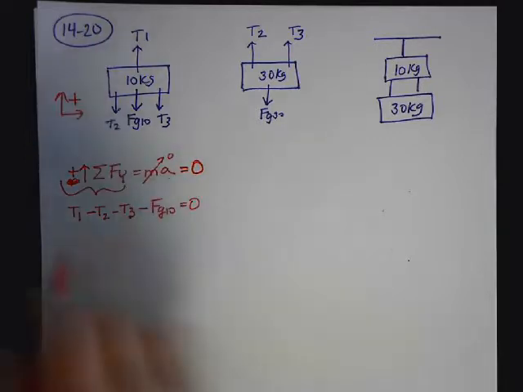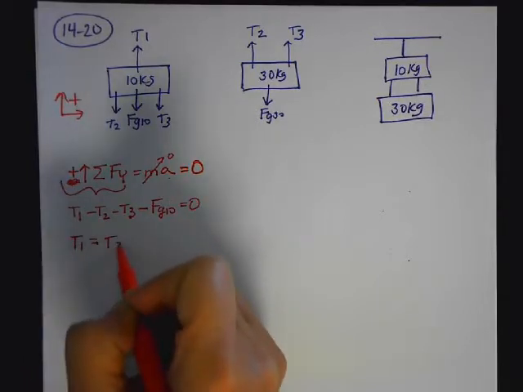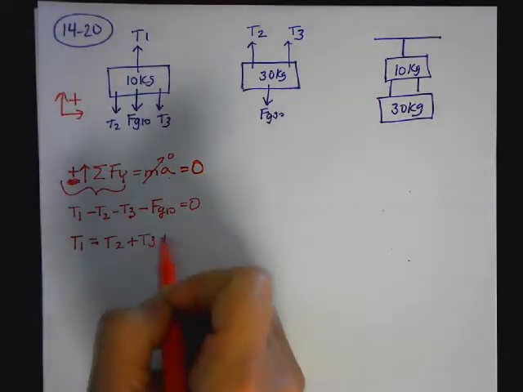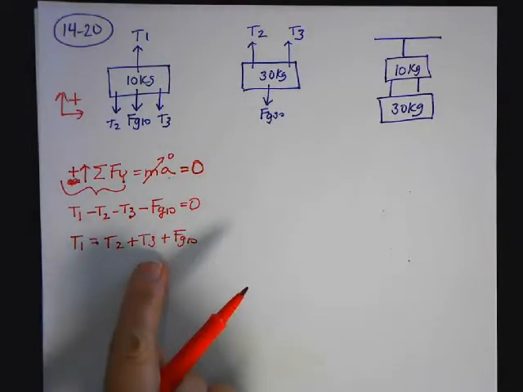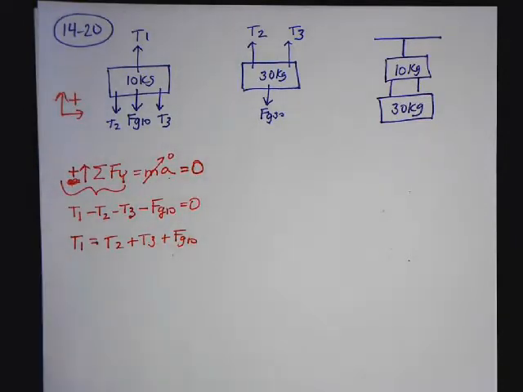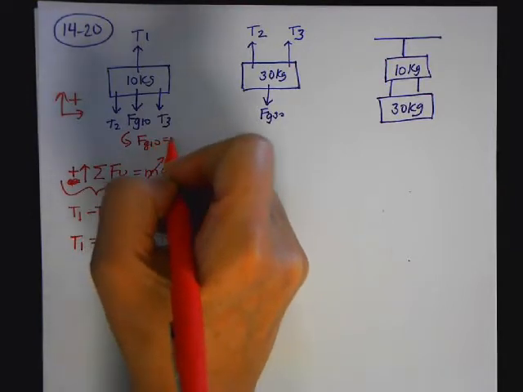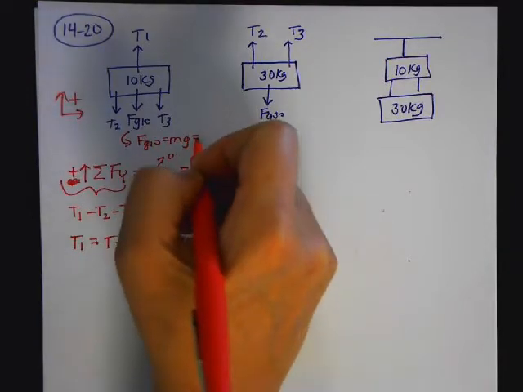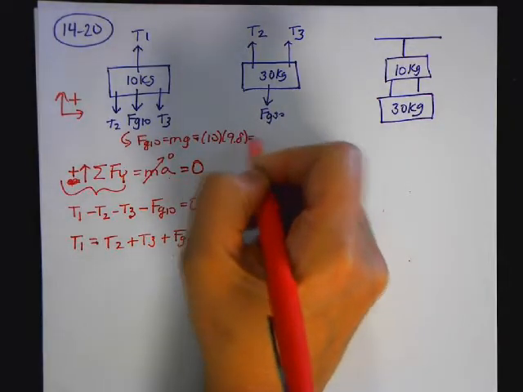Now, if I rearrange this, because I want to solve, let's say I say T1 is equal to T2 plus T3 plus FG10. I don't know T2, I don't know T3, and I don't know T1. The only thing I can find is FG10, because I know that FG10 is equal to mg, which is equal to 10 times 9.8, which is 98 newtons.